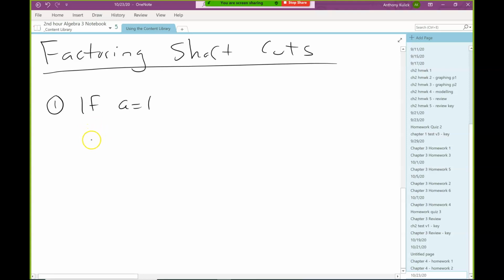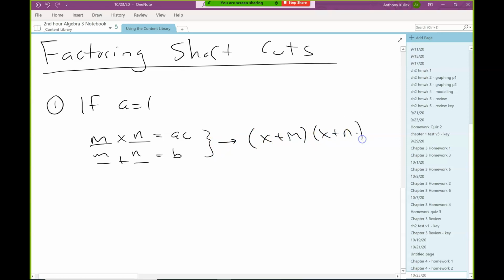So if the leading coefficient is 1, once we find these 2 numbers that multiply to give us AC and add to give us B, we can take those and go straight to our factored form. We don't have to do that grouping step.